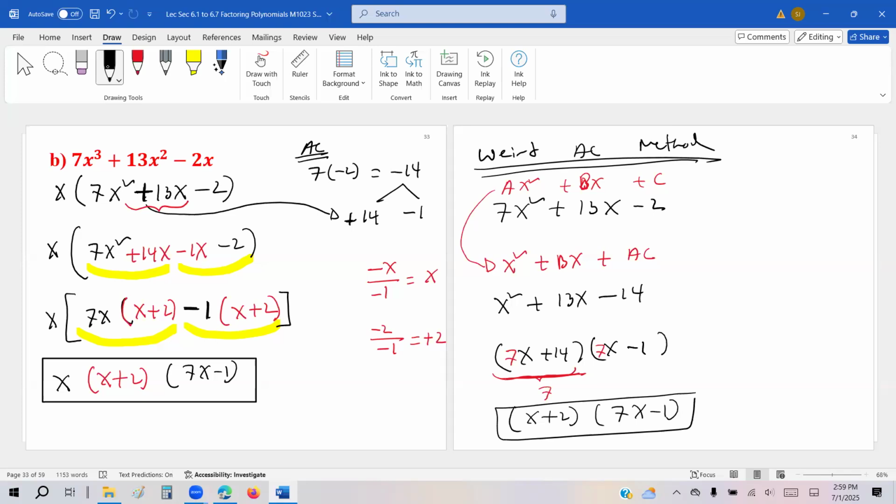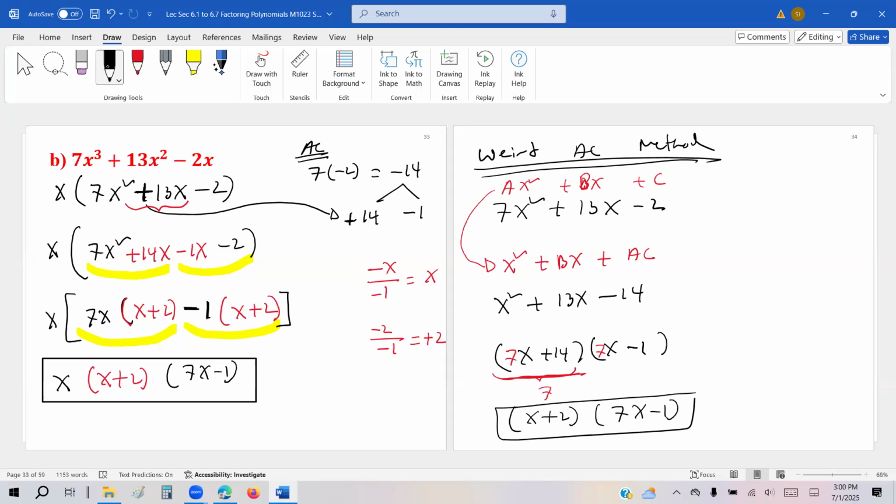But now we have a problem because we want 7x squared, but that gives us 49x squared. So we have to divide one of the 7s. We cannot divide this by 7 because we end up getting a fraction. But if you divide this by 7, our life is simple. We have whole numbers. That method always works.